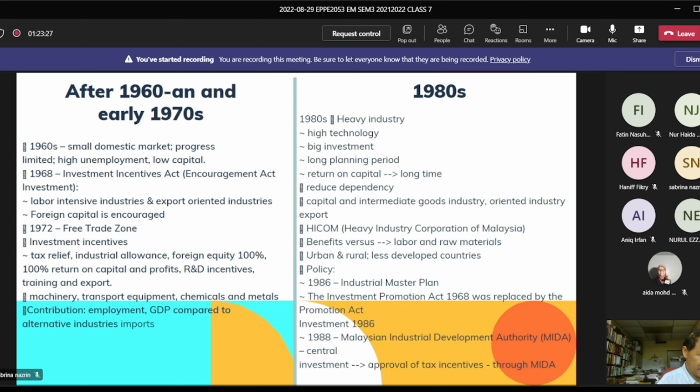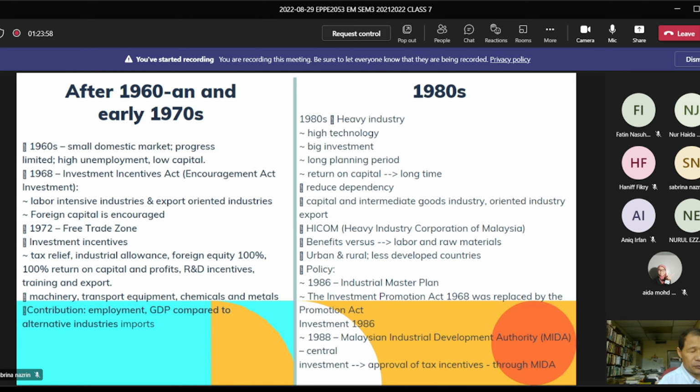That was wrong. Still import substitution. Export-oriented industries came with the PIA, PR 86. Okay, not there. You should erase that in your slide. Labor-intensive and import substitution. Foreign capital is encouraged, yes, correct.